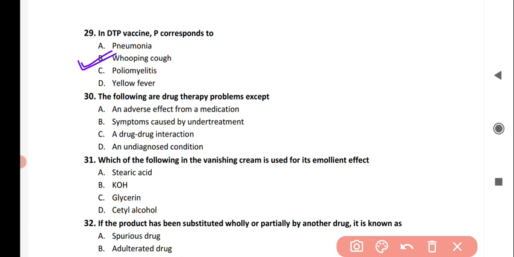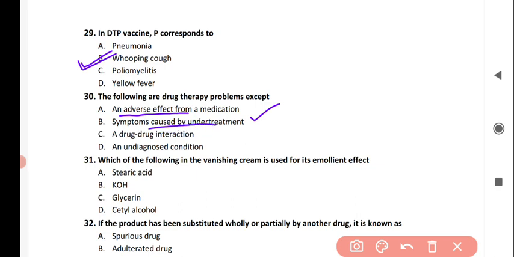The next question is: the following are drug therapy problems except. We have to find which one is not a drug therapy problem. The adverse effect from a medication is a drug therapy problem, because when the drug is given, the adverse effect comes from a medication.